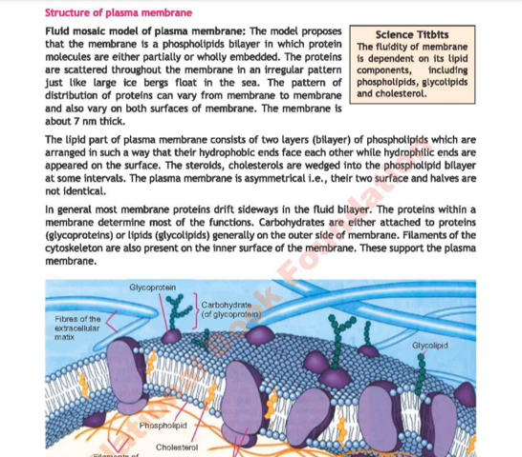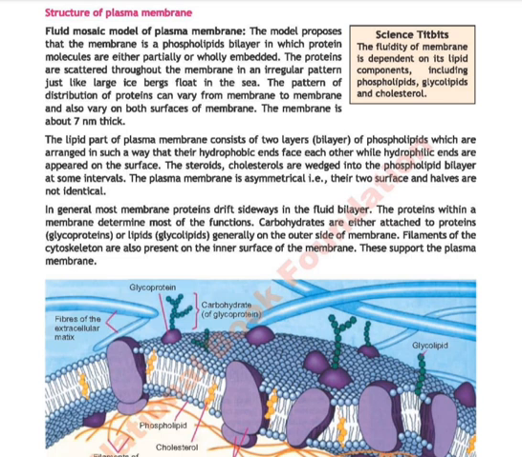The model proposes that the membrane is a phospholipid bilayer in which protein molecules are either partially or wholly embedded.